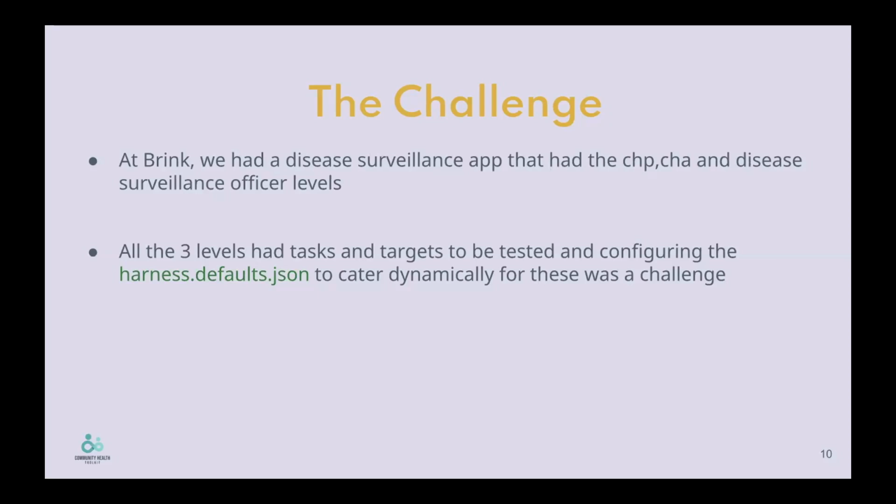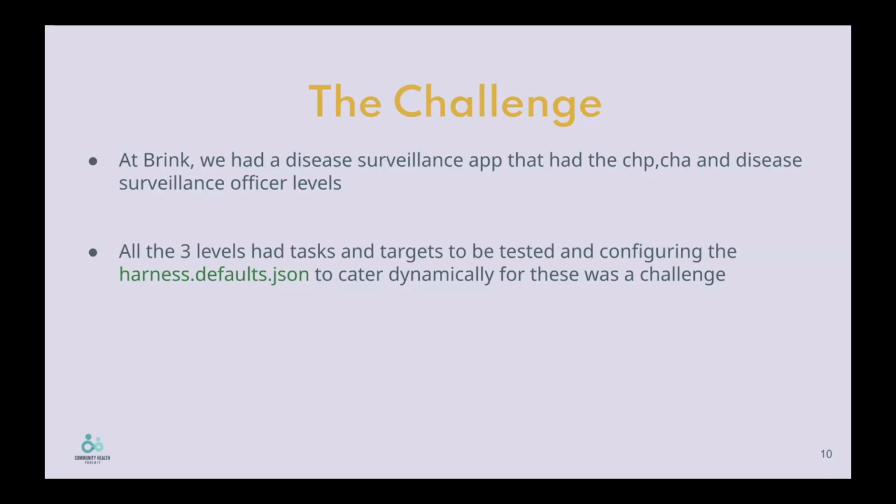Once that case was confirmed, the disease surveillance officer is notified and needs to be prepared to conduct lab tests for the patient who has now been referred to their facility.